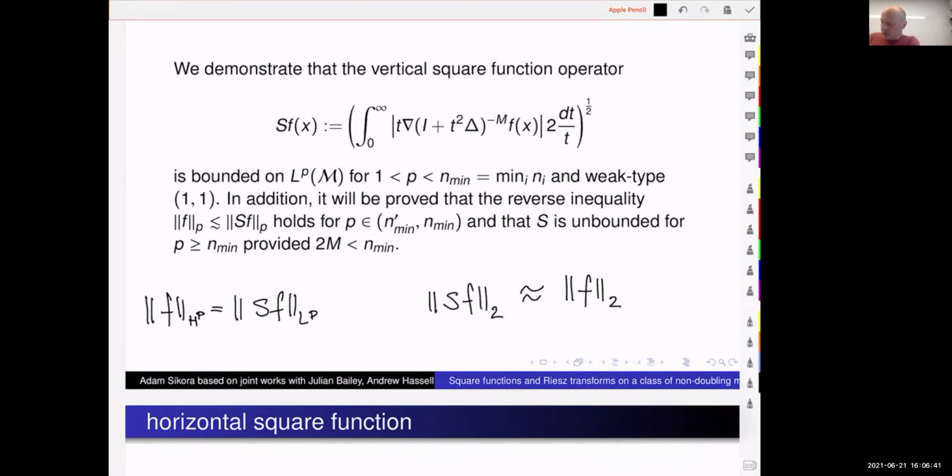From what you see here, in our setting this would mean that this Hardy space is just the LP space for this range of p. But quite interesting is the case p equals 1, because then this space is always slightly different. This is a classical topic in harmonic analysis, and one of the motivations for why I'm interested in square functions.